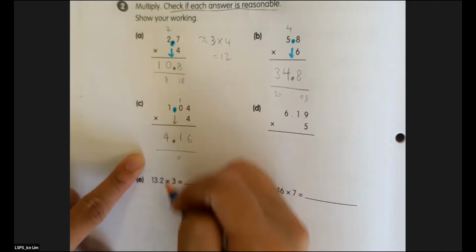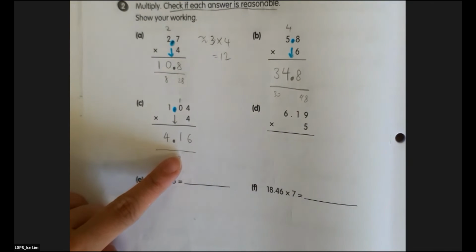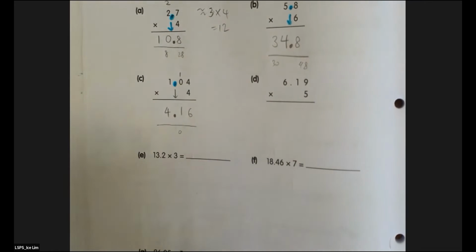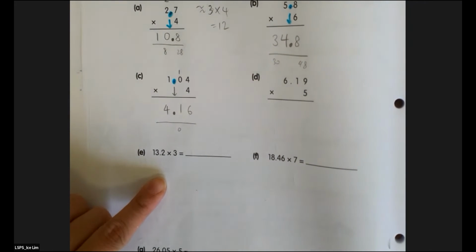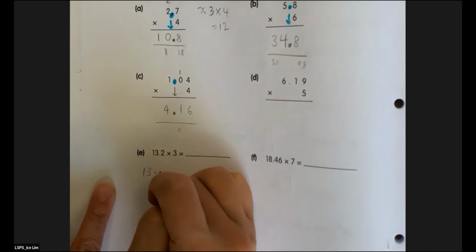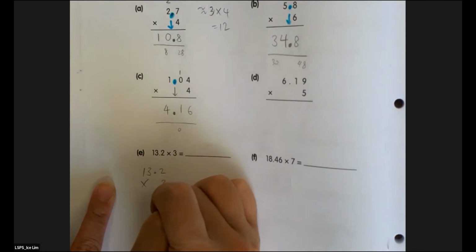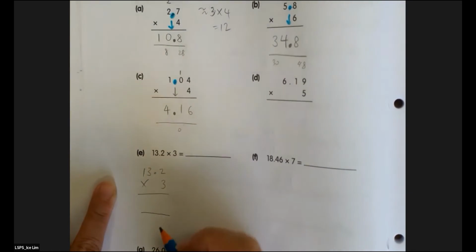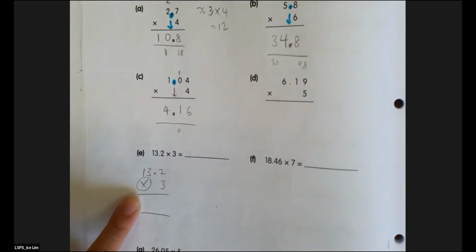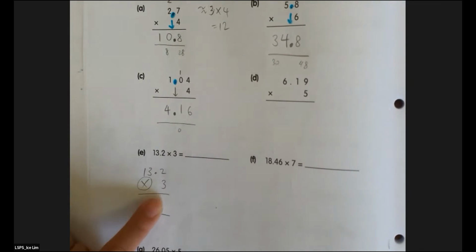The answer should be 4.16. Okay. Now, the next one I got to work on it myself. 13.2 multiplied by 3. Make sure don't forget your multiplication operation. If you don't have this multiplication symbol, you're also wrong. So I will do this like how I do any.